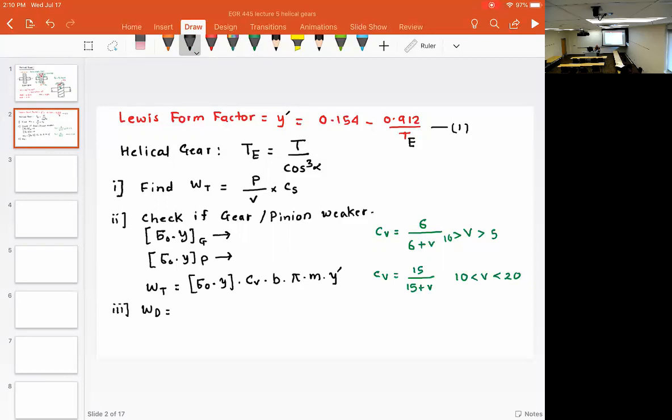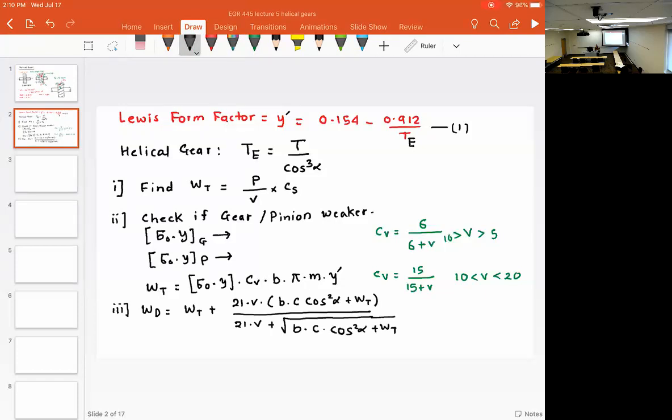For helical gear, the equation for dynamic load is Wt 21V BC cosine square alpha plus Wt divided by 21V plus square root of BC cosine square alpha plus Wt.